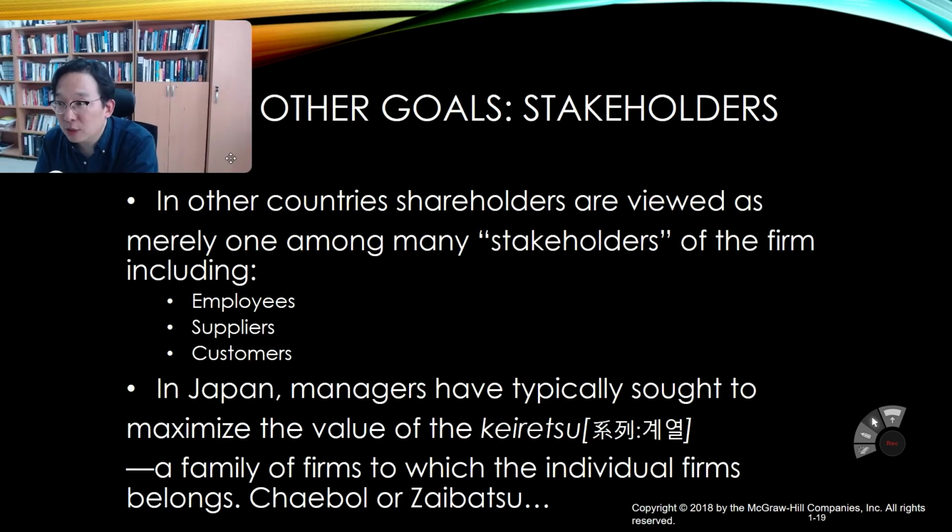Anyway, other goals: stakeholder value maximization. In other countries, shareholders are viewed as merely one among many stakeholders of the firm, including employees, suppliers, customers. In Japan, managers have typically sought to maximize the value of the keiretsu, or 계열사. Supply chain, the companies in your supply chain, I would say.